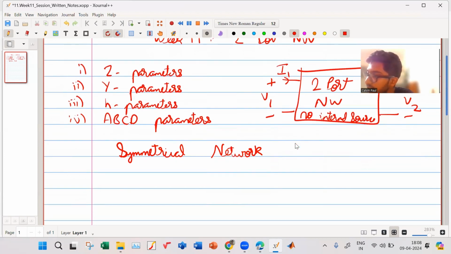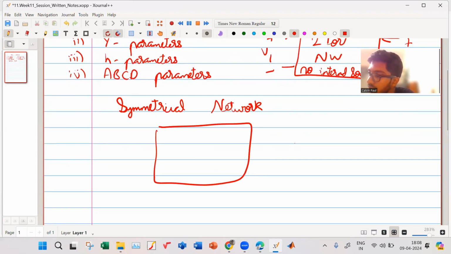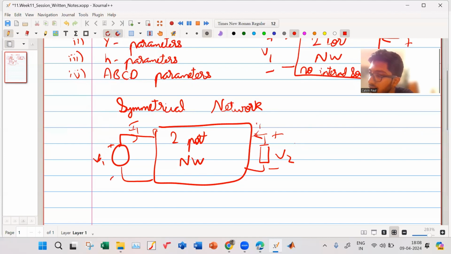So let me just show it to you. Suppose this is my two-port network. I have voltage V1 over here, I1 is over here, and there is some V2, there is some load connected, there is some I2, etc. V1 is our input, I1 is the current which is flowing due to that input. So this is your V1 upon I1.